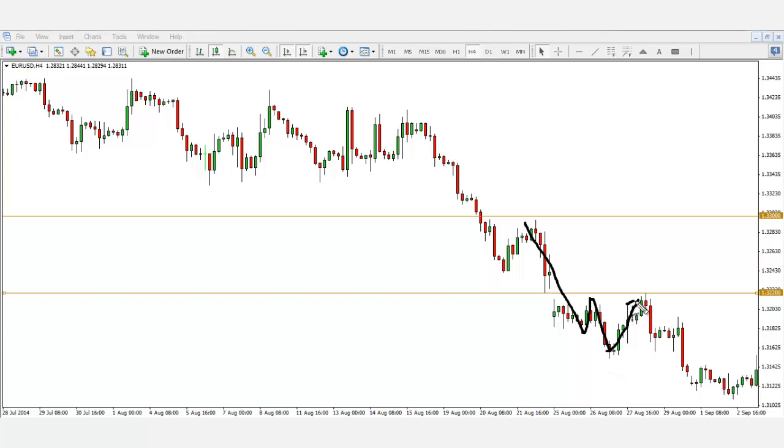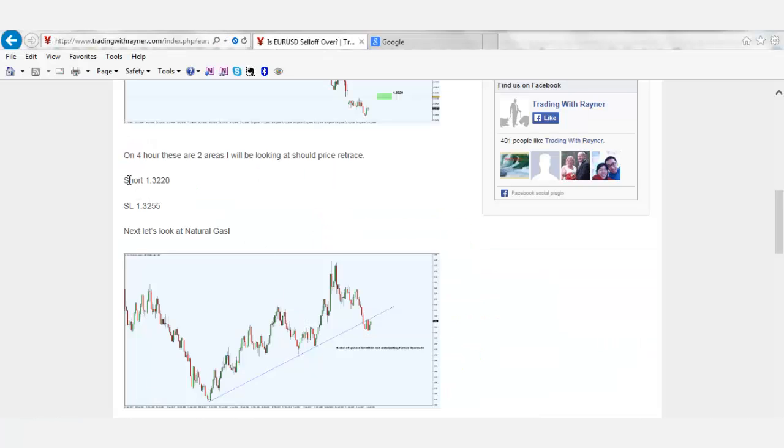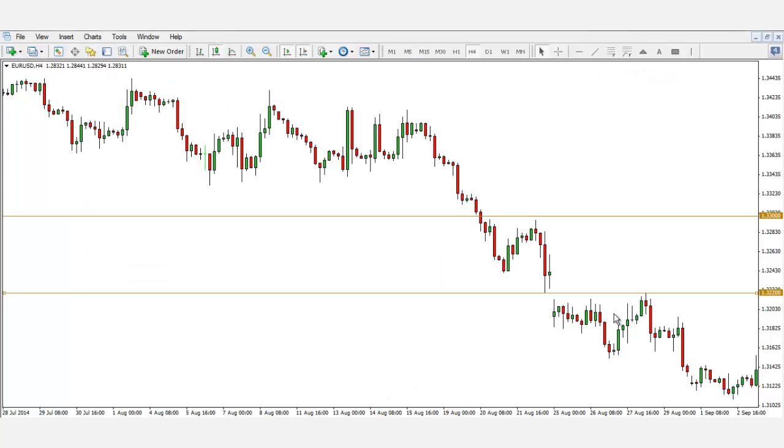I anticipated a retest before price made another move downwards, and I did mention it, and I was looking to sell that level. If you check down here, you can see I mentioned the short at 133.20 with a stop loss of 132.55. That's what happened, and I got the short around here with a stop loss of about 35 pips.